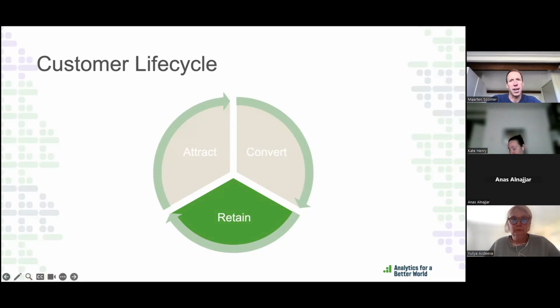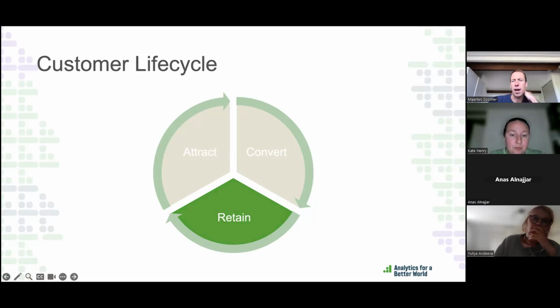Once they sign up, they give some information about themselves. We will see the donations. So we can understand a bit better their behavior, who they are, if they might be likely to churn, or if they might be likely to increase their donation amount. So very relevant, the applications here in the retain phase.